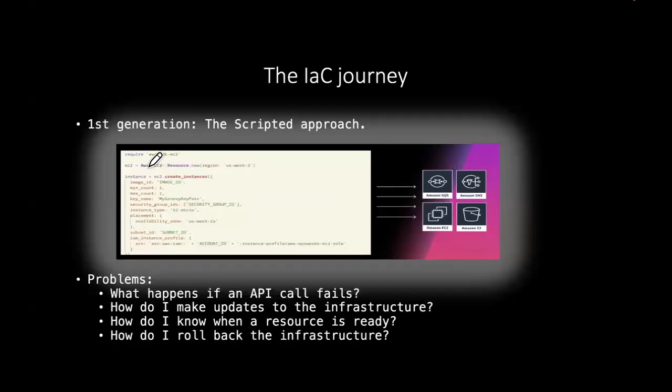So this idea of infrastructure as code has been around for quite a while. In the very early days, the way you went about it was you wrote a Python script. It tended to be nearly always Python. The Python script used an SDK, a software development kit, which was provided by the cloud provider, AWS in our case.